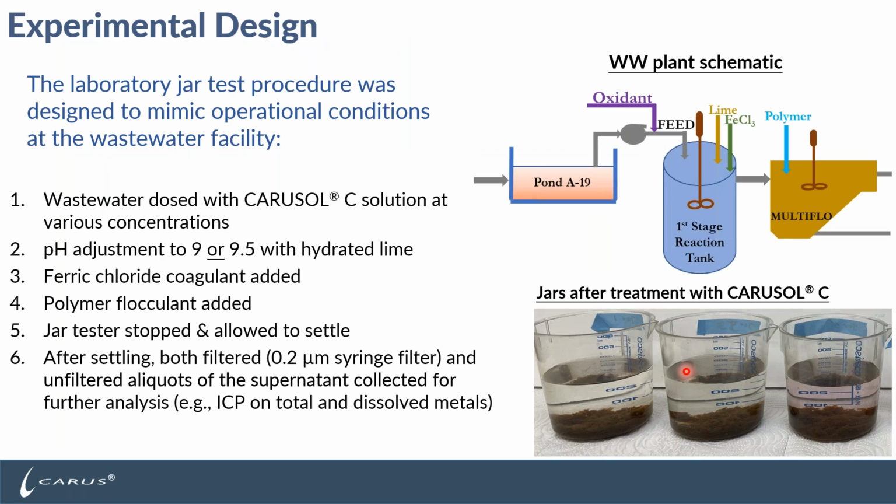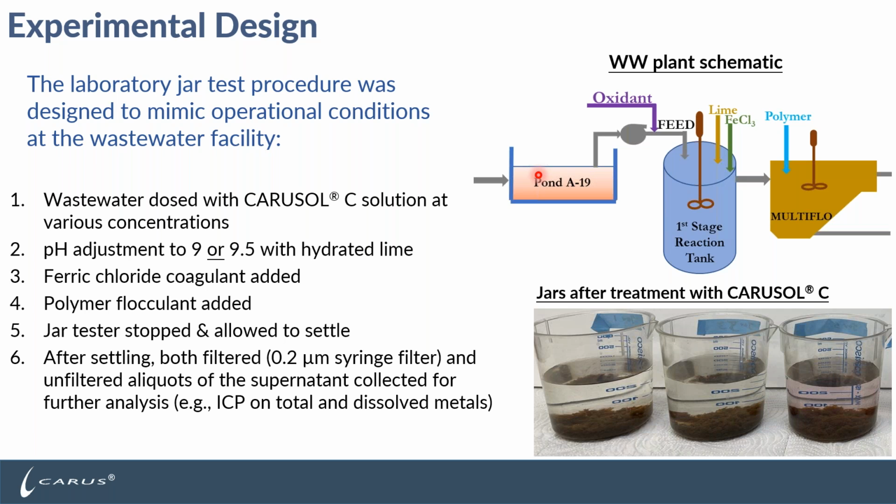The lab jar testing procedure that we use was designed to closely mimic the wastewater treatment process at the mine. So the basic schematic is shown here, nothing complicated. Water from the waste pond is dosed with permanganate on its way to the reaction tank or oxidation tank.